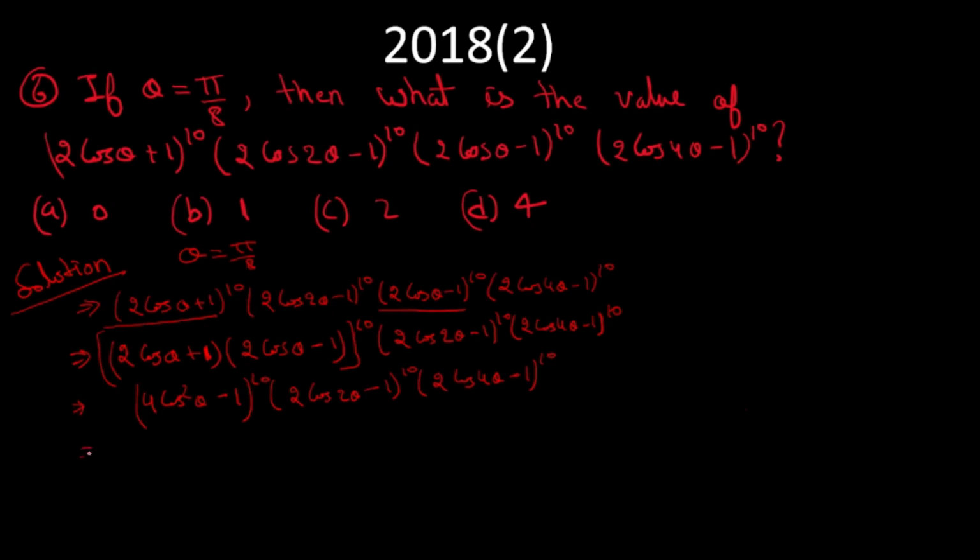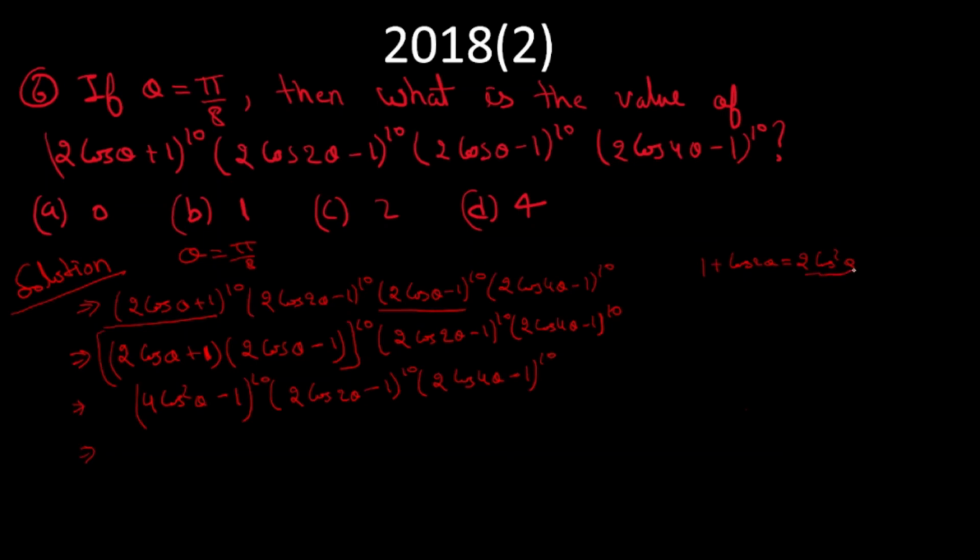So what I do here is replace 2 cos square theta. We know that 1 plus cos 2 theta equals 2 cos square theta.